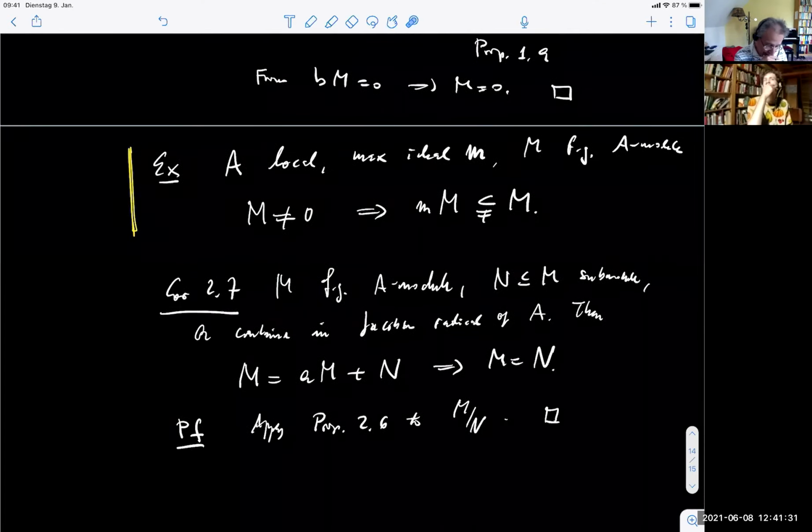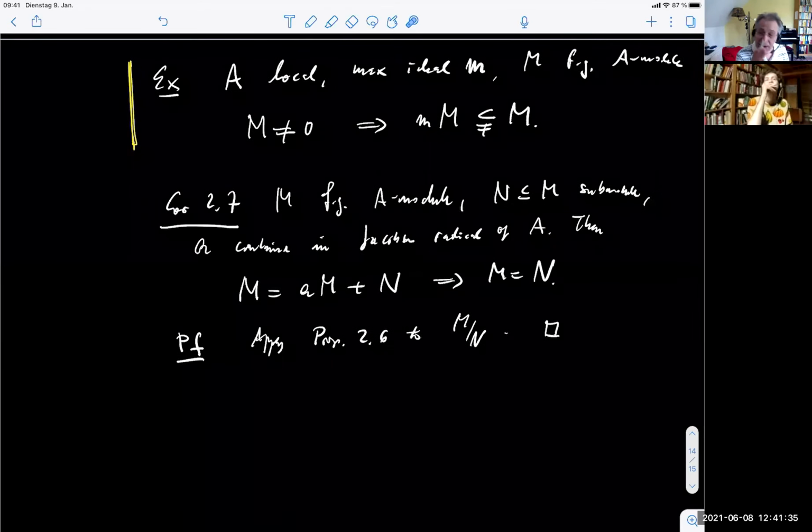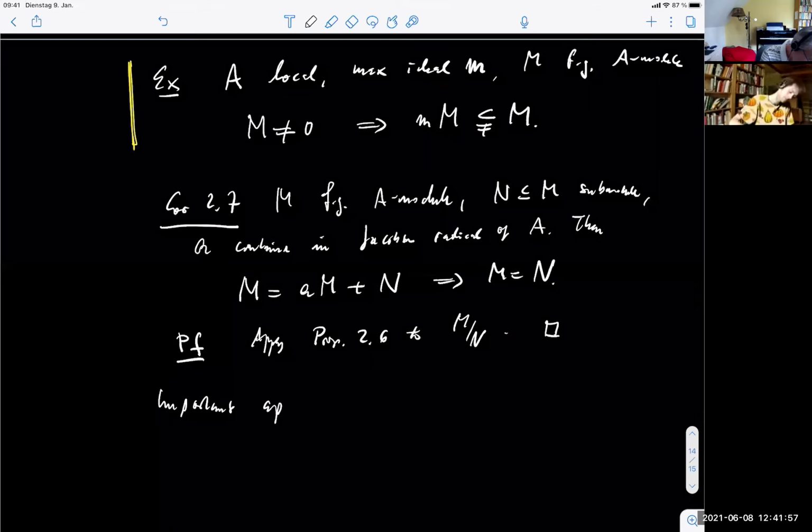So this is a bit abstract because it's so general, but now let me move to the situation of local rings. This is a very important situation, and there we will get a very nice result about the minimal number of generators of the maximal ideal. So, important applications to local rings.